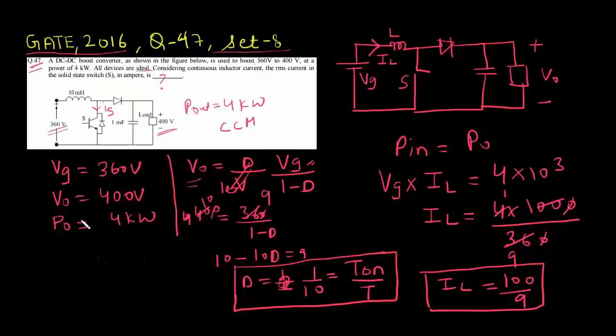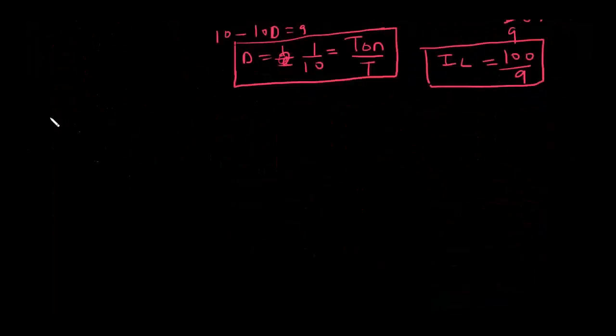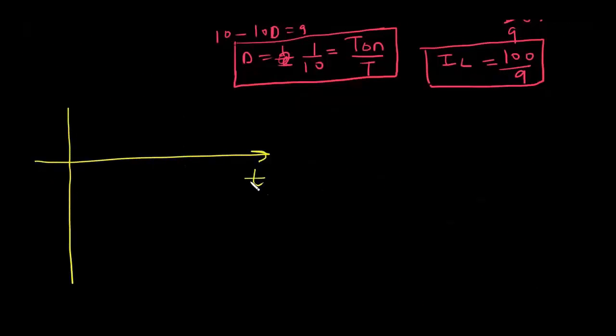So let us take a quick look. How does the inductor current look in a CCM boost converter? I will plot the switch current and inductor current.